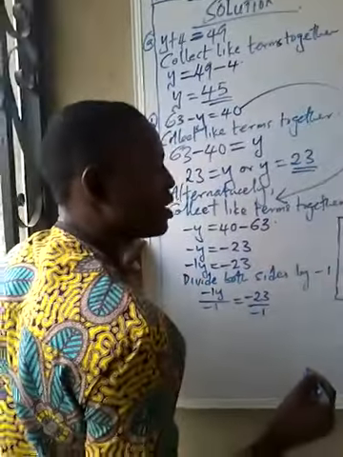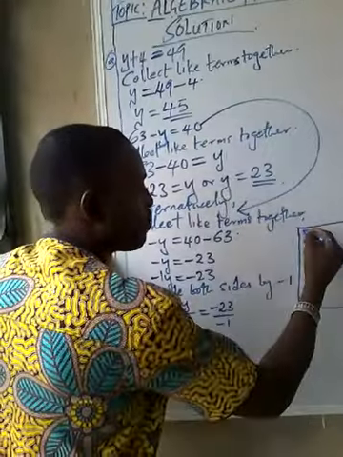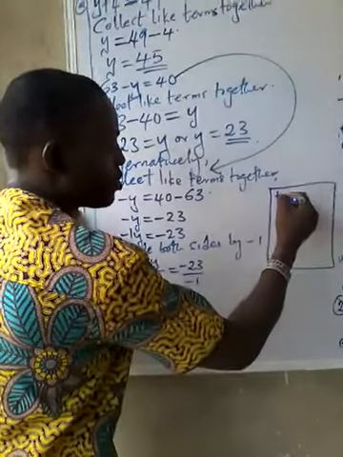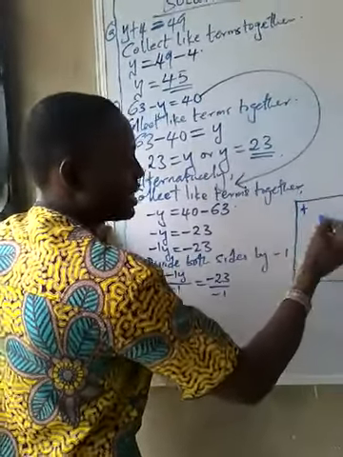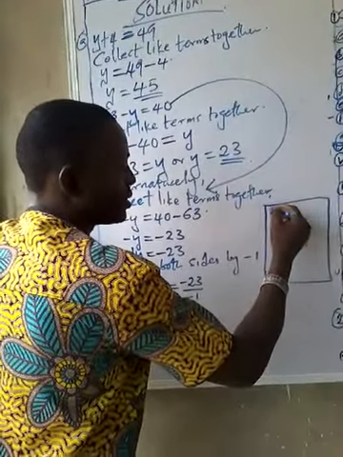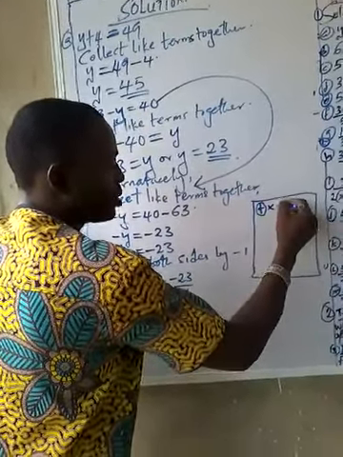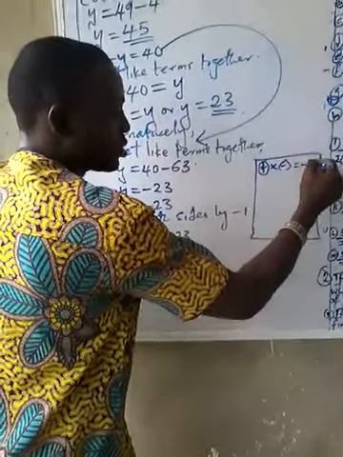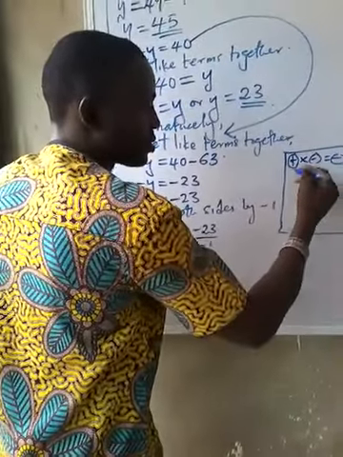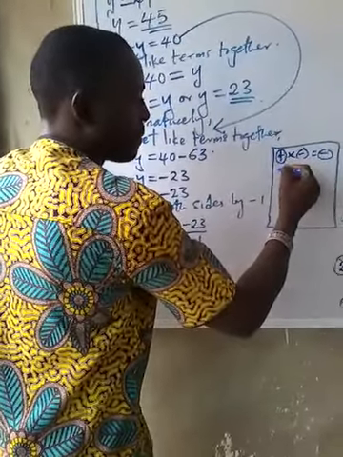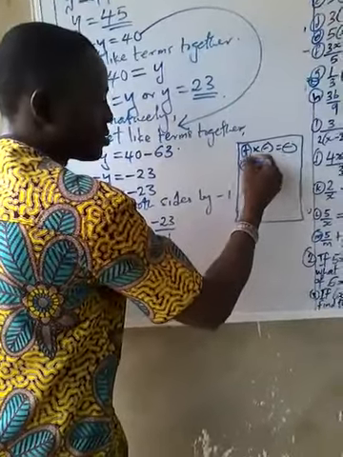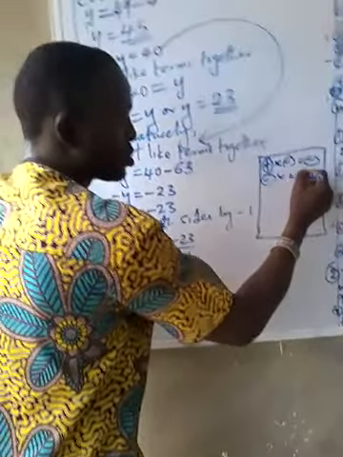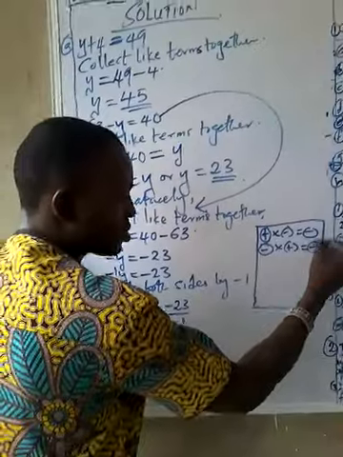In algebra, or anytime in mathematics, plus multiplied by minus will give you minus. Minus times plus will also give you minus.